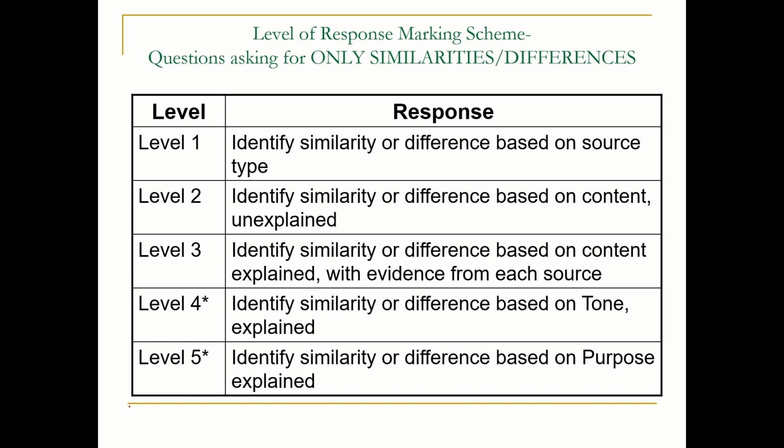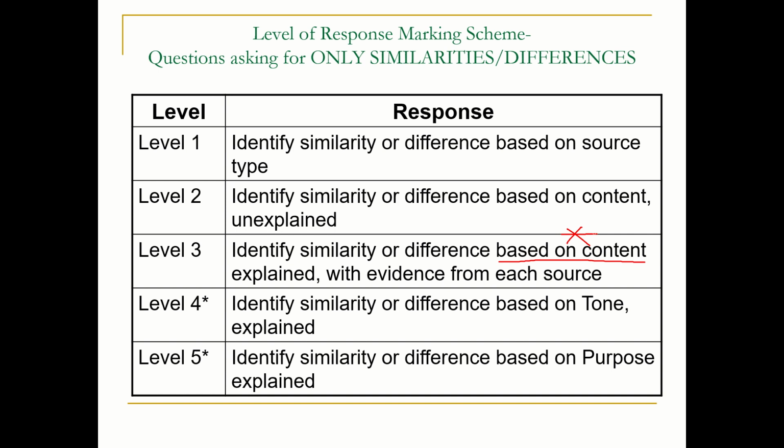It really changes depending on the source or depending on the responses that students give. But minimally, you realize level 3 is a comparison of content. I would expect everyone to be able to do this because comparing content is something that you have been doing since Sec 2 history or maybe even Sec 1 history, right?